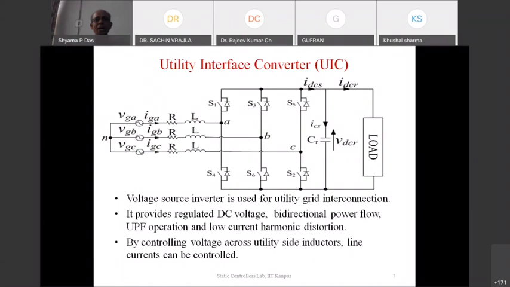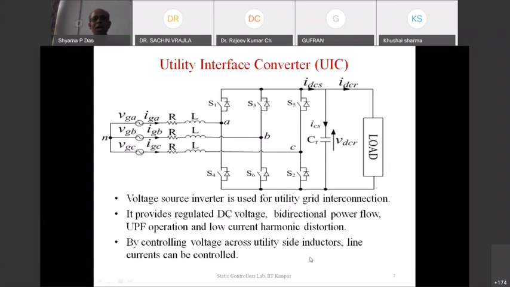So when S1 is on, the point A is connected to the positive side of the DC bus, and VDC is the voltage across the capacitor. When the lower switch is on and the upper switch is off, S1 and S4 are complementary. Either S1 is on or S4 is on for phase A. So when S4 is on, phase A is connected to the negative side of the capacitor.